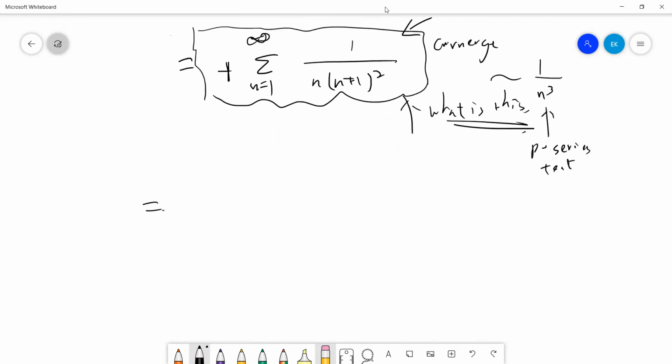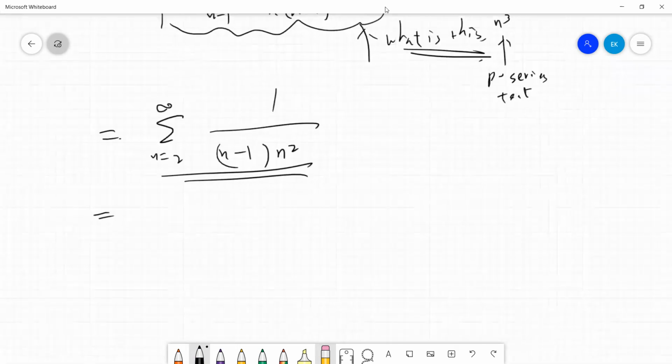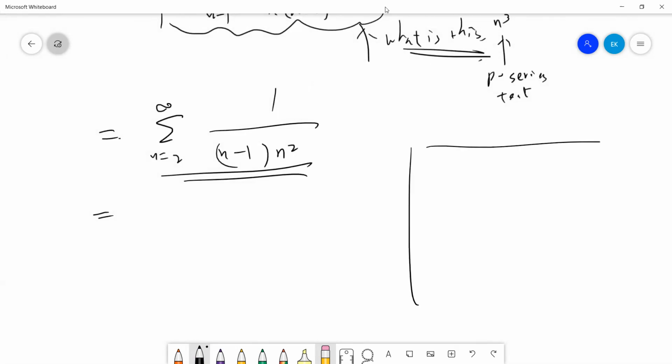So we can write the sum from n equals 2 to infinity, changing it to n minus 1, of 1 over (n minus 1) times n squared. Now we can try to separate it. 1 over (n minus 1) n squared can be written as 1 over (n minus 1) minus 1 over n, minus 1 over n squared.